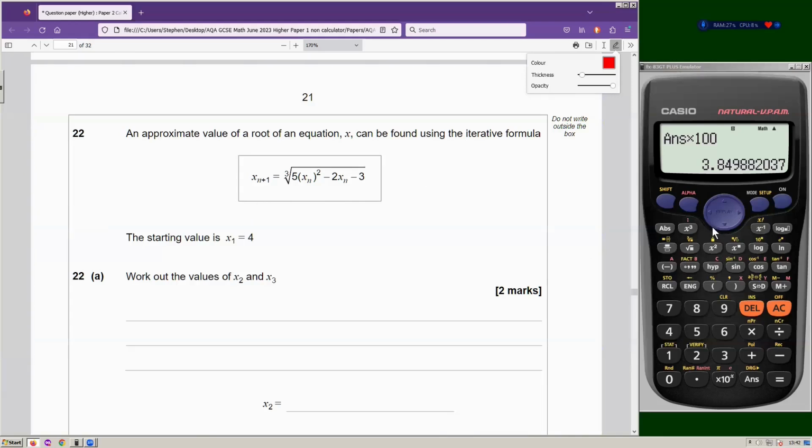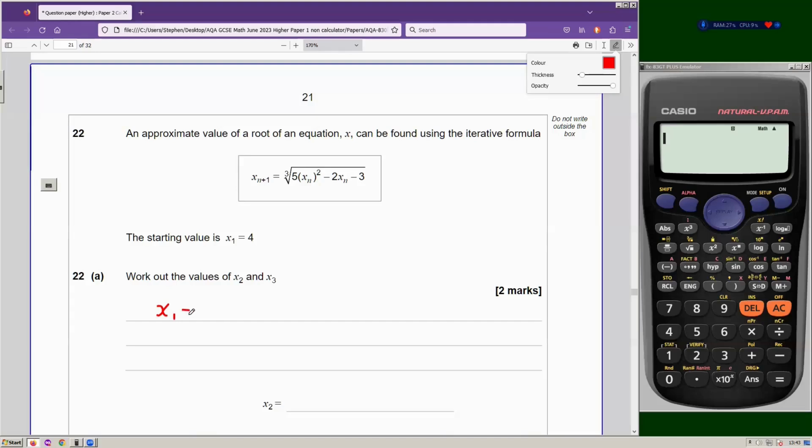So all we're going to do is use our calculator. The first one I'm going to write out: x1 equals 4. So that's the value we put in here. So for this next one, x2 is going to equal the cube root of 5 times 4 squared, minus 2 times 4, minus 3.